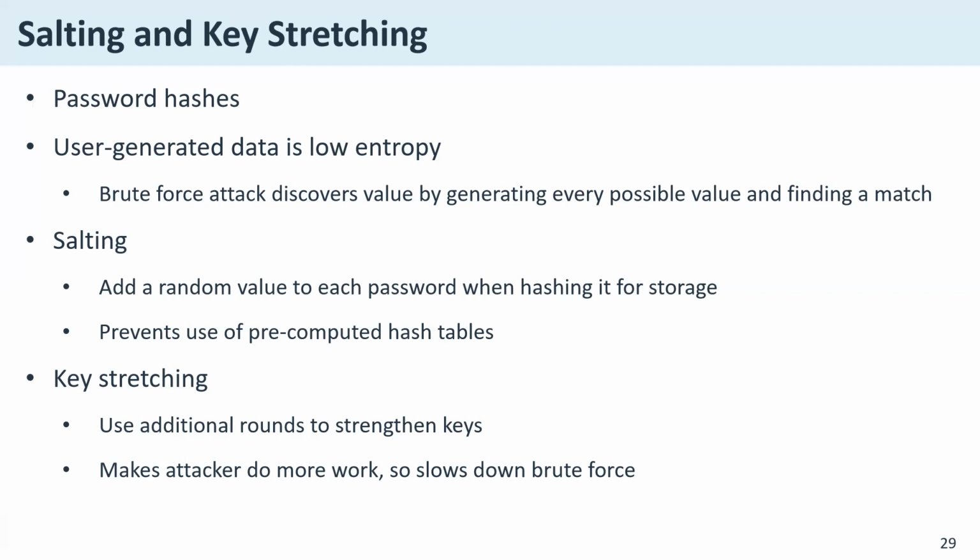This provides more security. If your food tastes normal and you add salt to it, what happens? It gives it a little change, right? So salting adds a random value to each password when hashing it for storage. This helps us have a more secure system.